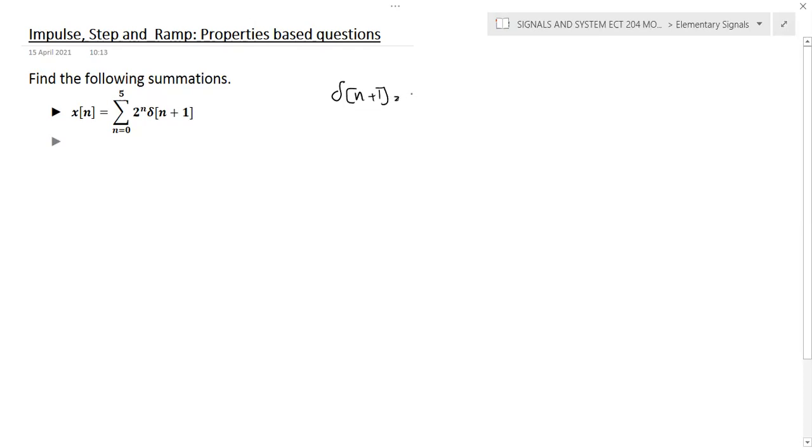Del of n plus 1 is equal to 1 for n plus 1 equal to 0, or n is equal to minus 1, and 0 for n plus 1 not equal to 0, or n not equal to minus 1. And if you draw this waveform, you can observe 0, 1, 2, this is minus 1, minus 2, this is 3, 4, and 5.